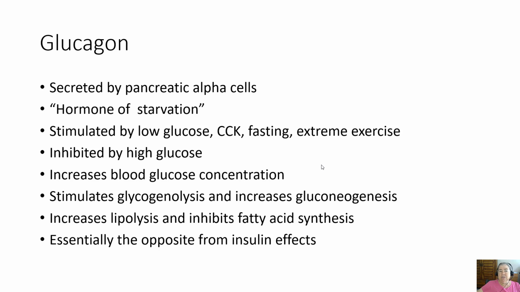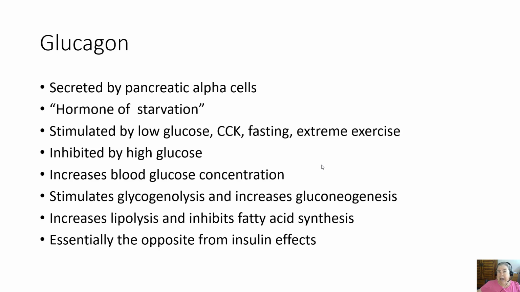Its release is triggered by low glucose, by a hormone called cholecystokinin, by fasting, and by extreme exercise, and it's inhibited by high glucose. When glucagon is released, blood glucose levels go up.